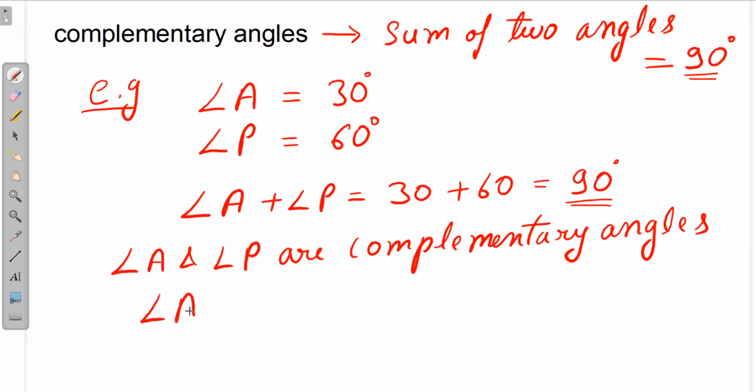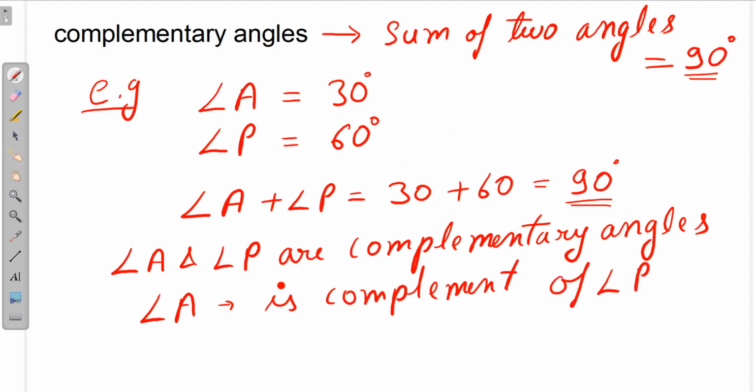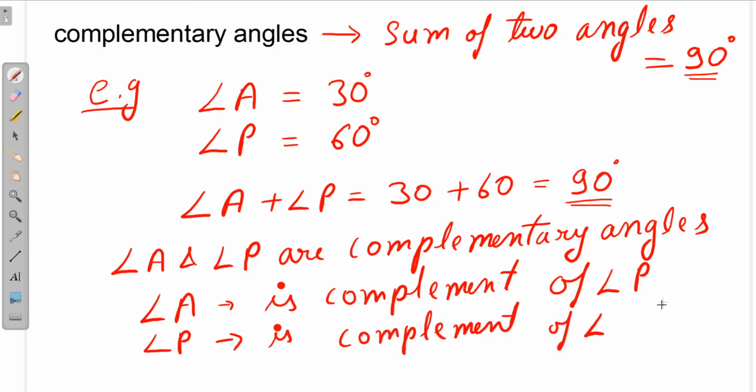That means angle A is complement of angle P, or we can also write like this, angle P is complement of angle A. So this is the complementary angles.